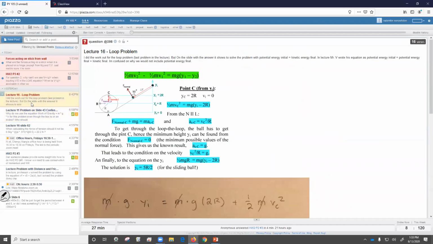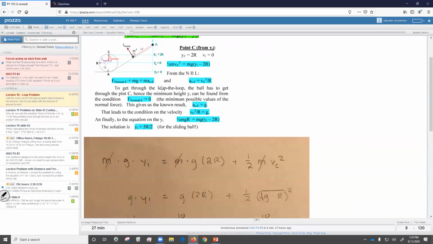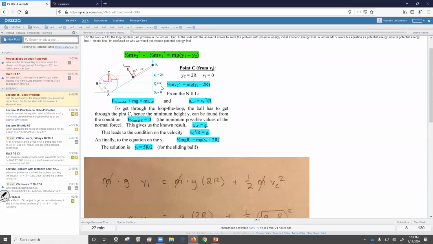Loop problem. Did the work? Okay, but on the slide, the answer is potential energy. So maybe I use a different reference point. Let's see.